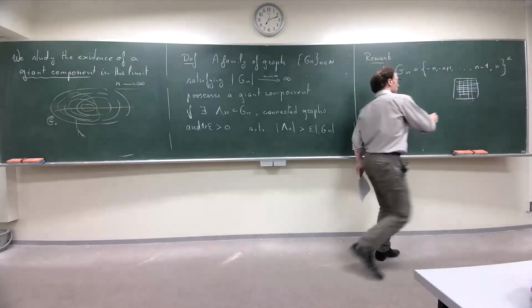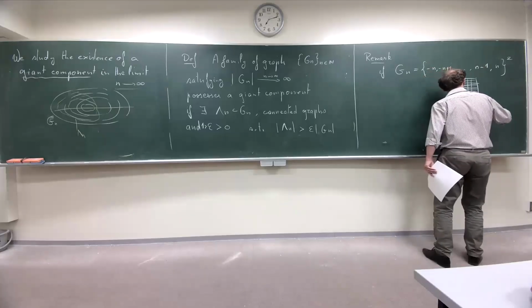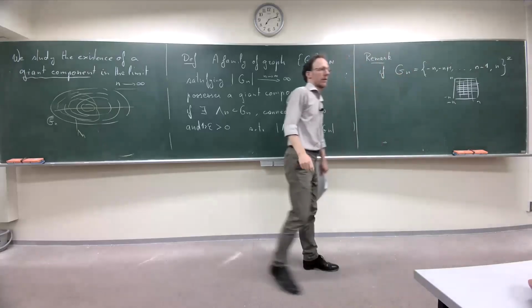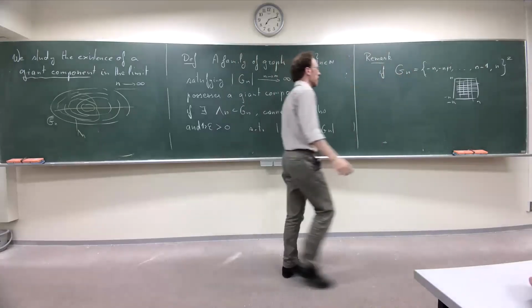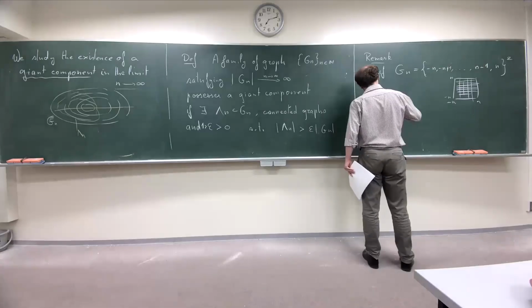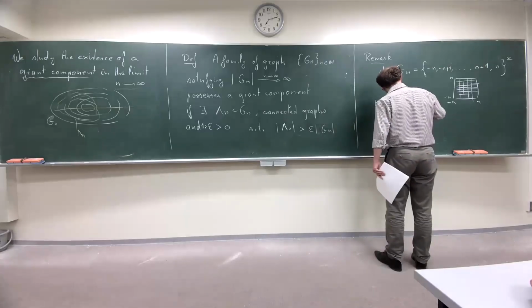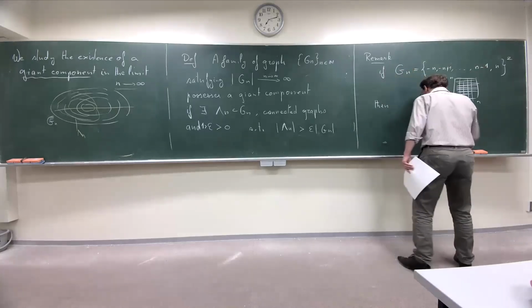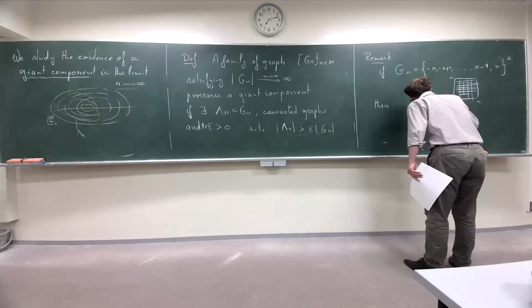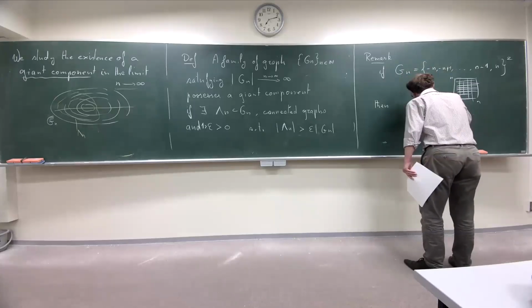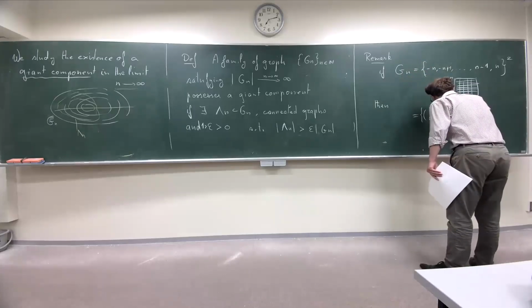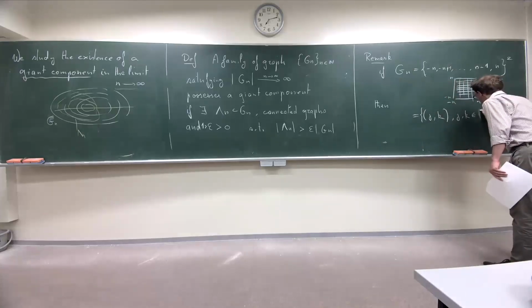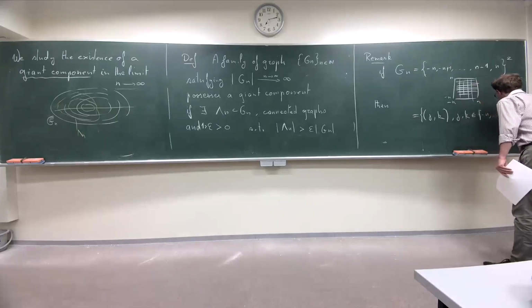Let me use a better notation: the set of points (j,k), with j and k belonging to minus n up to n.